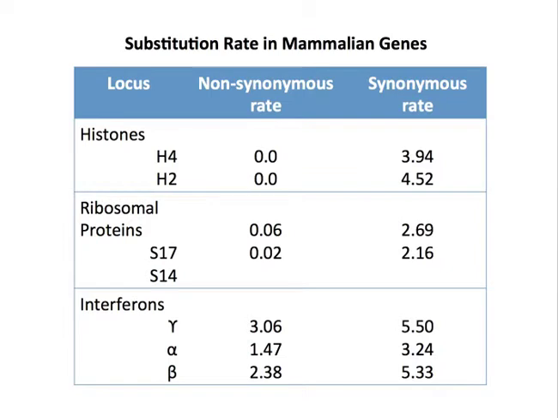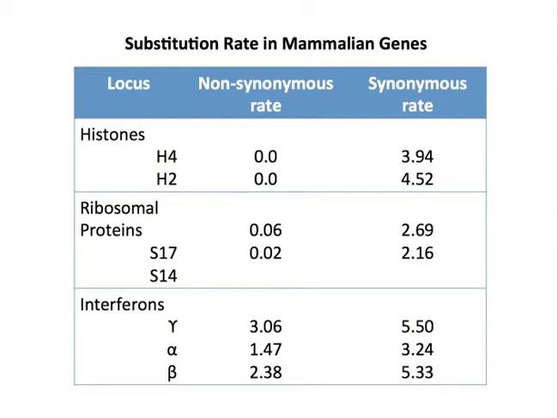Another interesting note about this table is that you can see that the histone and ribosomal proteins have very low non-synonymous substitution rates, and the interferons have a slightly higher non-synonymous substitution rate. So what's going on here? This is likely due to the fact that histones and ribosomal proteins are involved with translating RNA to DNA.